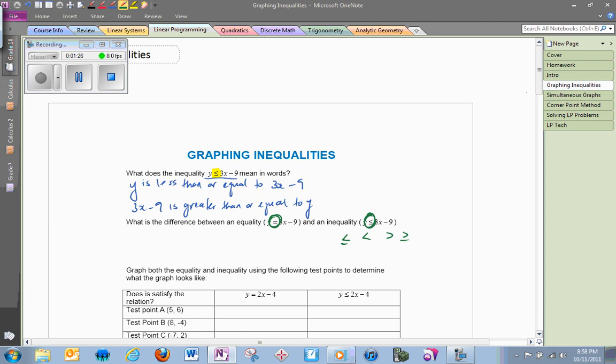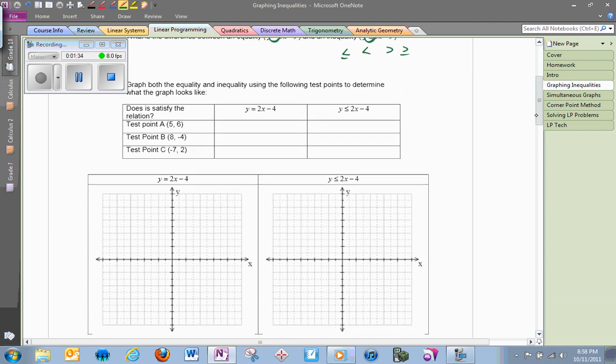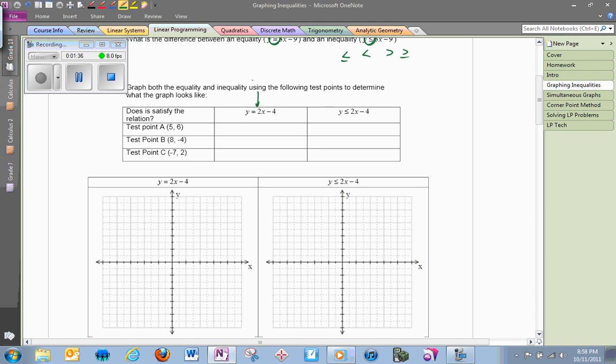We're going to graph both the equality and inequality using the following test points to determine what the graph looks like. So you'll notice that in this column, I'm using an equality. And in this column, I'm using an inequality. And I want you to see the difference or the similarities between the two of them.